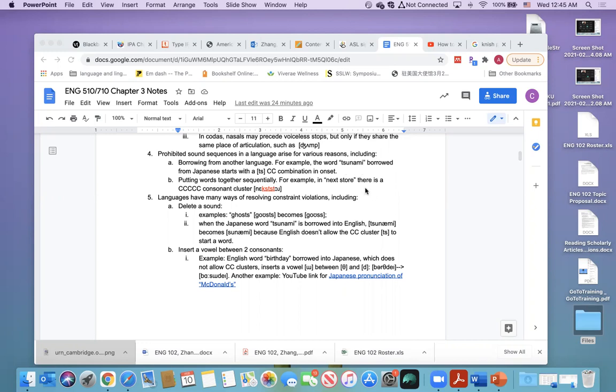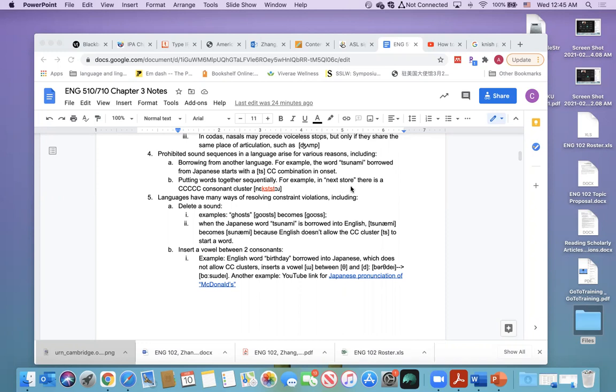Second is that in English, you normally do not see a 3-consonant cluster occurring in speech. However, if in spoken language, two words are spoken really fast, you can see that these two words are put together sequentially.